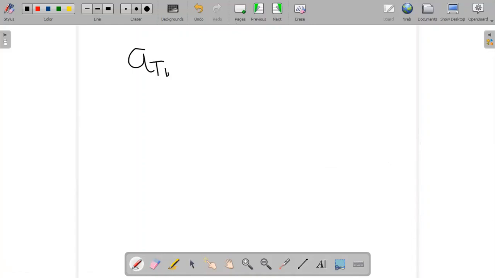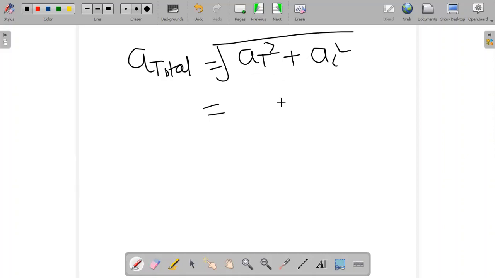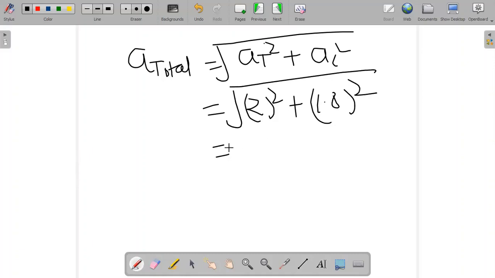So A total will become the square root of A tangential squared plus A centripetal squared. So A tangential we have 2 squared plus A centripetal 1.8 squared, and if I take the root, this comes out to be approximately 2.7 meter per second square. Let's see if we solve, we'll get this much only.